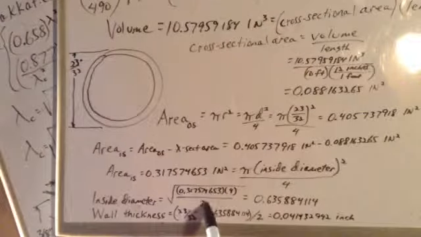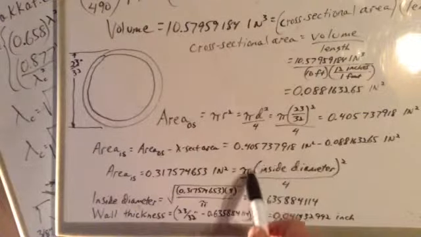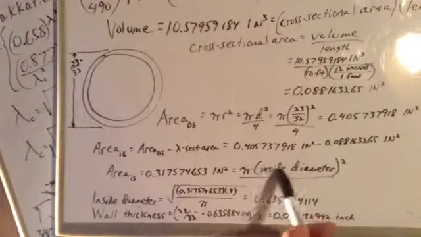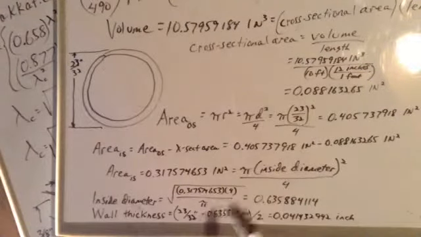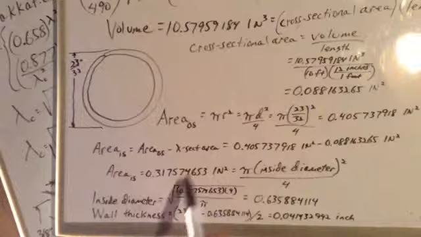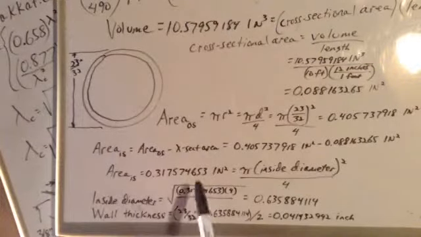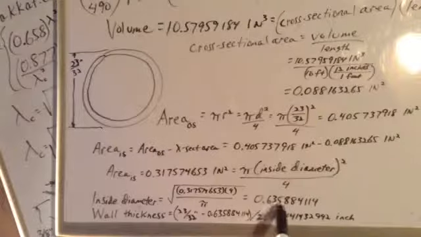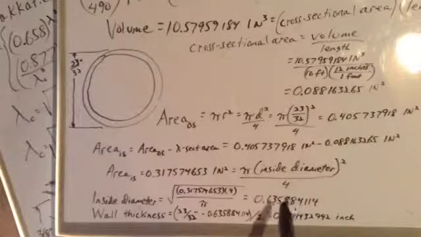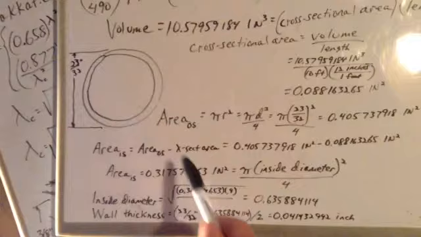We take the square root of each side so we get just plain inside diameter instead of inside diameter squared. We crunch the numbers and we get 0.63588. So that's our inside diameter.